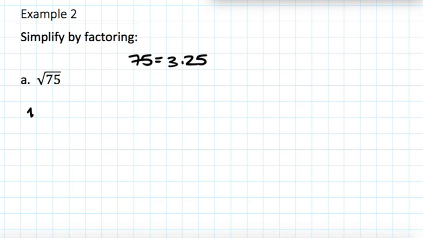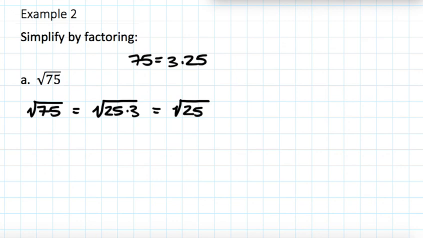So I'm going to write square root of 75 as square root of, write the perfect square first, 25 times 3. Break it up into two square roots, square root of 25 times square root of 3. Square root of 25 is 5, and leave the 3 under the square root symbol, so it's 5 square root of 3. So this is my answer.